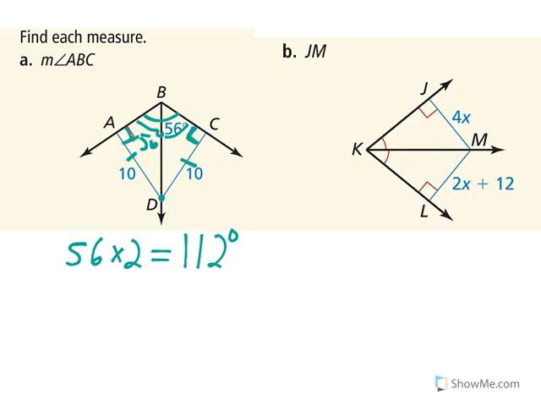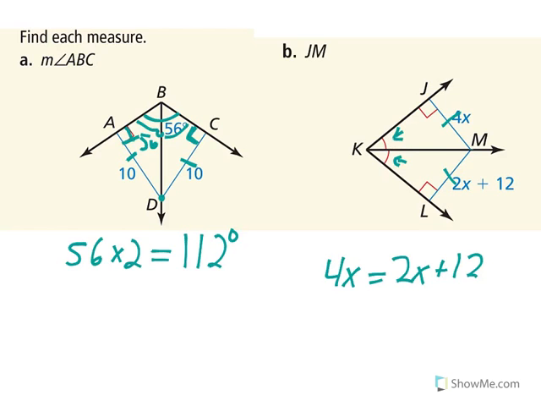If we look at B, we want to know what JM is, the length of it. If you notice in our diagram, this is an angle bisector, because this one has one line, this one has one line, so those angles are the same. If they're the same, then M, since it lies on that bisector, is the same distance from both sides of the angle as long as you draw that perpendicular line. So these have to be the same length. If they're the same, I can set them equal to each other.